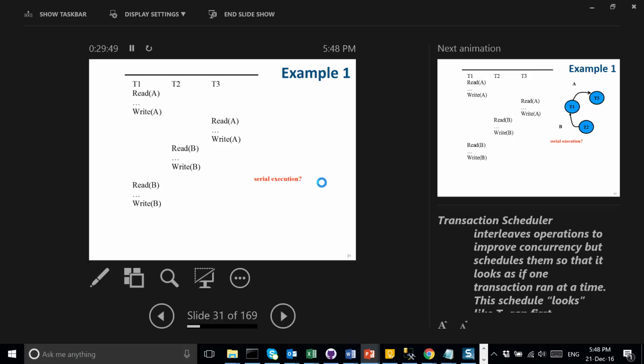Okay. Now write A. See here, T1 is trying to do write A. What should it do first before it can write to A? Request an exclusive lock. Or in this case, because it already has a shared lock, it will ask for an upgrade from shared to exclusive.